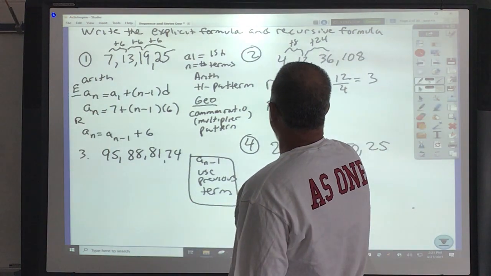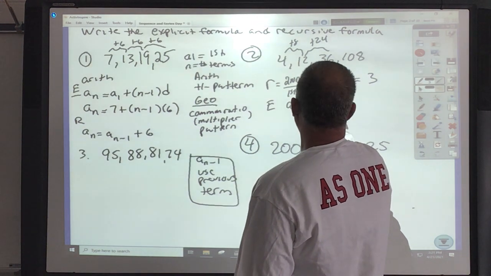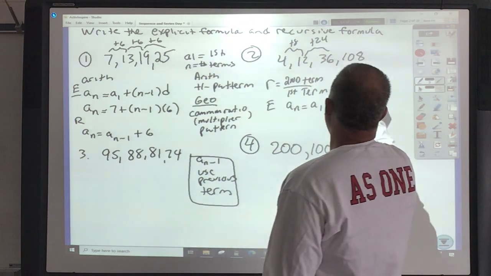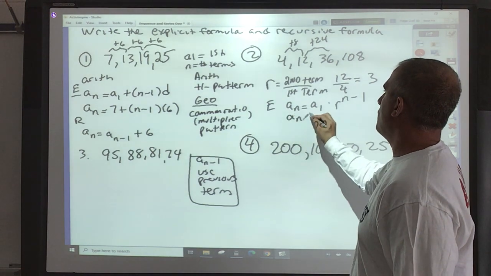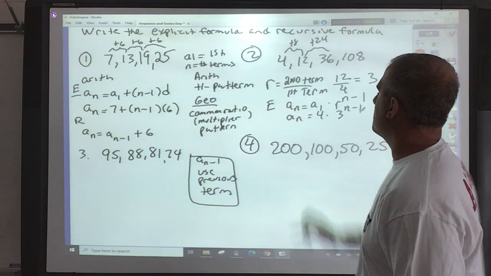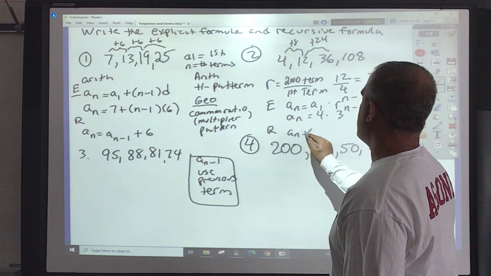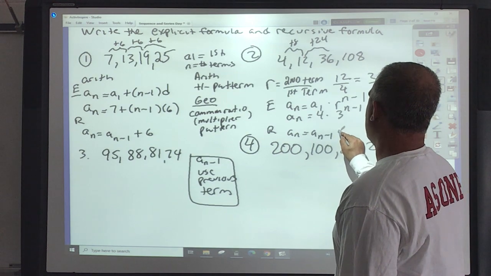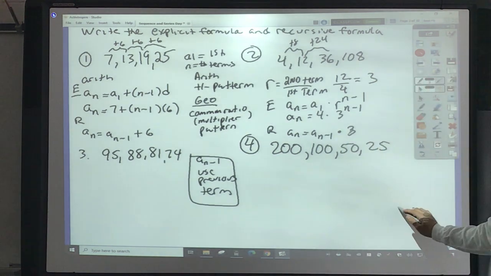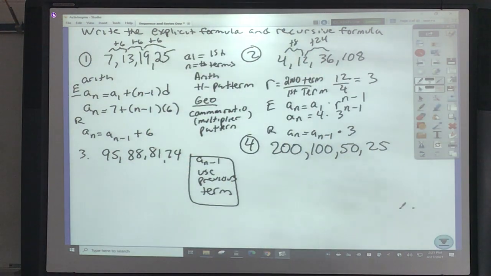The explicit formula for this would be a_n equals a_1 times r to the n minus 1, where a_1 is that first term of 4, and r is what we just found. The recursive formula is a_n equals a_(n-1) times my multiplier. So it's just how the pattern is continuing.